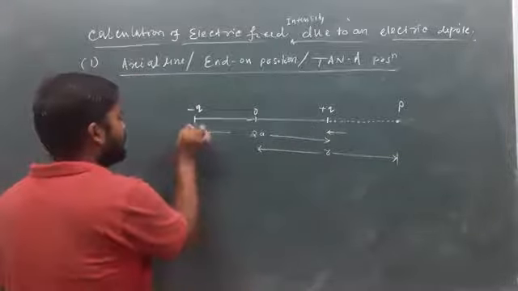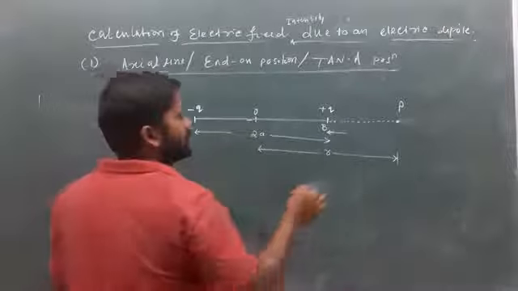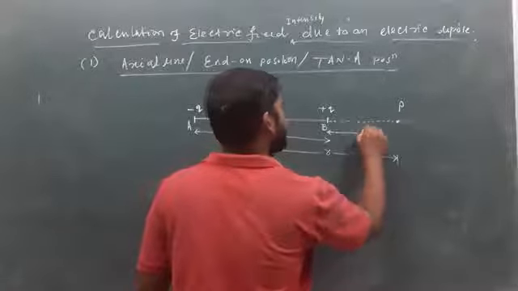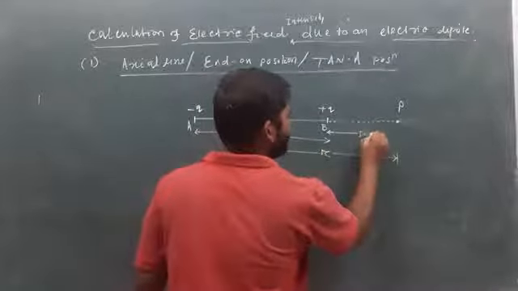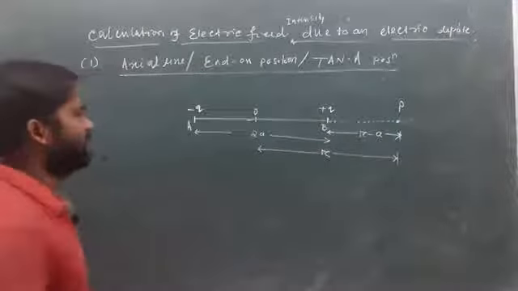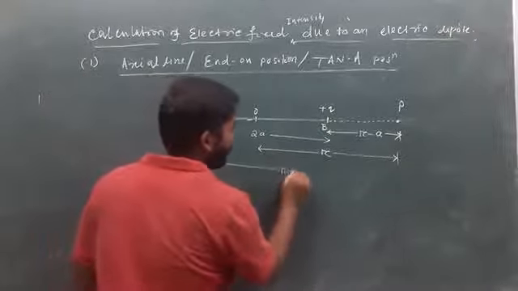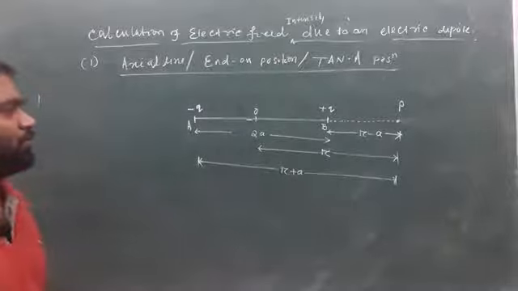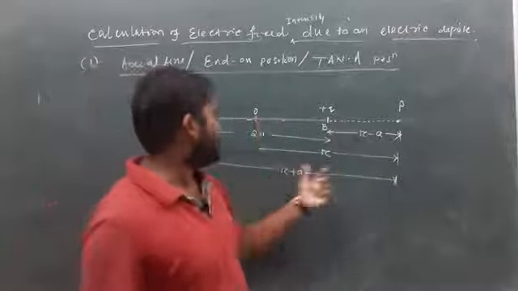Let us take this point as capital A and this point as capital B. Then this distance is r minus a, and AP distance is r plus a.